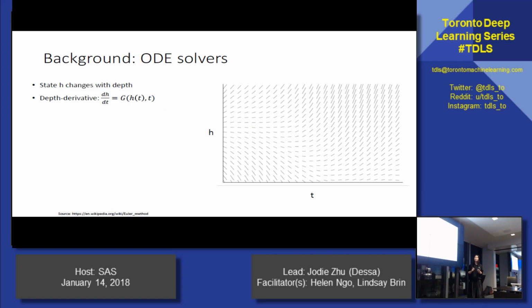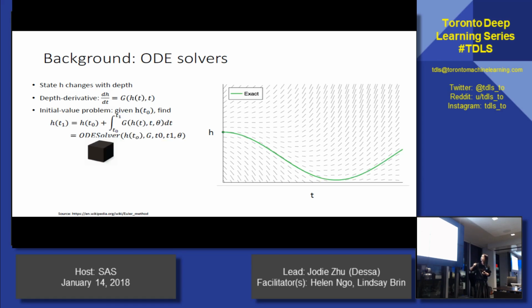A quick review of the ODE solver. What do we have for an ODE? Suppose you have a function called h. h will be a state output from our neural network. The h will change with the depth of the layers, and we can think of this as a kind of gradient field, or vector field. If we give a derivative with respect to depth, it's called function g. g is the derivative function of h with respect to t, and it changes based on your t and the initial value of h.